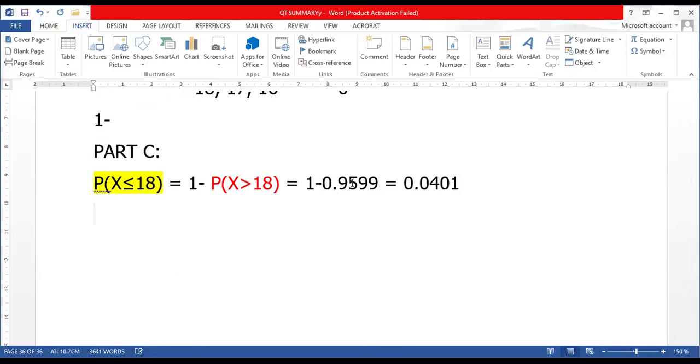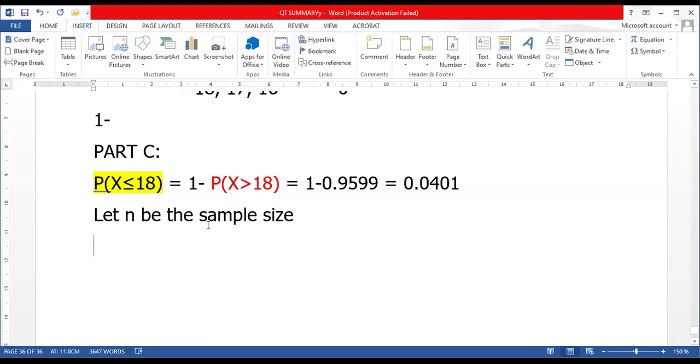Then I will say let n be the sample size, because I need the sample size. Already I know that the total number of panels that fail to exceed 18 is equal to 2.